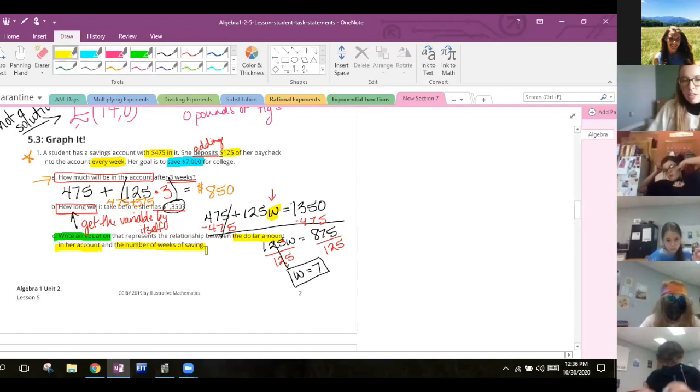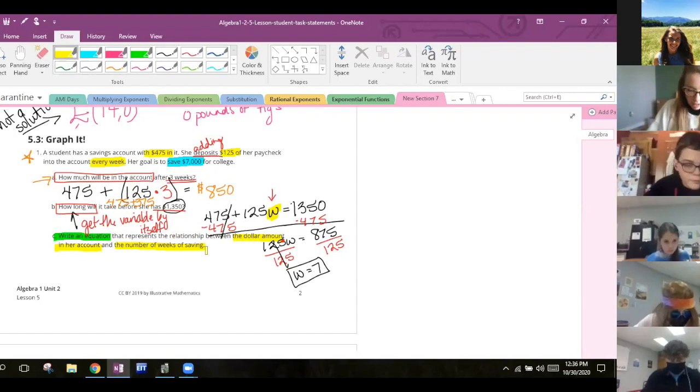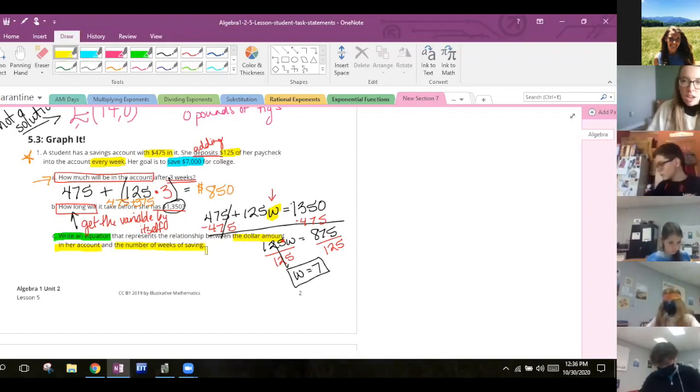Okay, so the values that I highlighted in yellow, the dollar amount in her account and the number of weeks of saving, are values that can change depending on the situation. So what do we use in place of values that can change or vary? Variables.